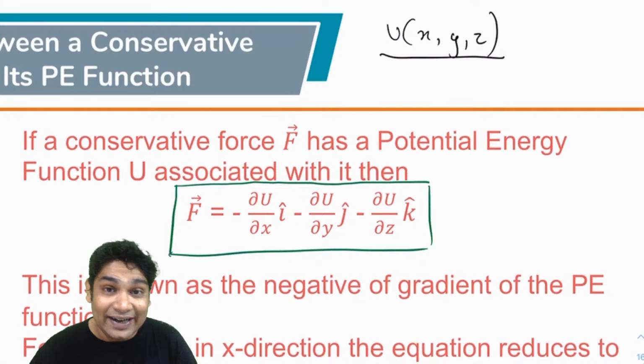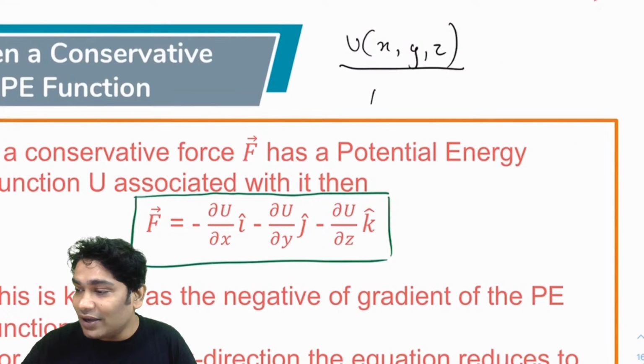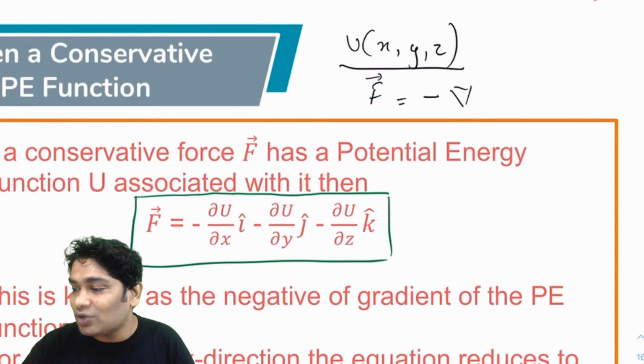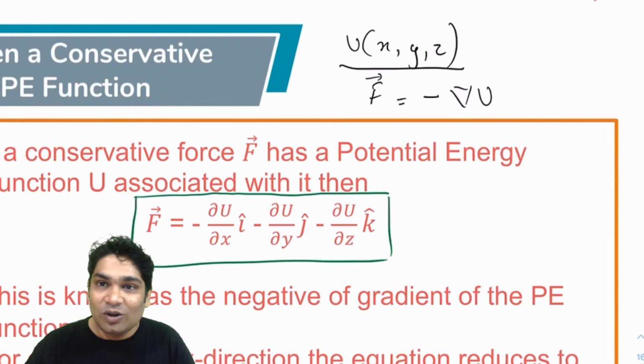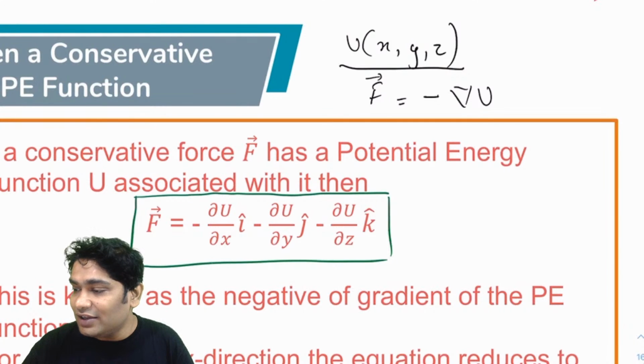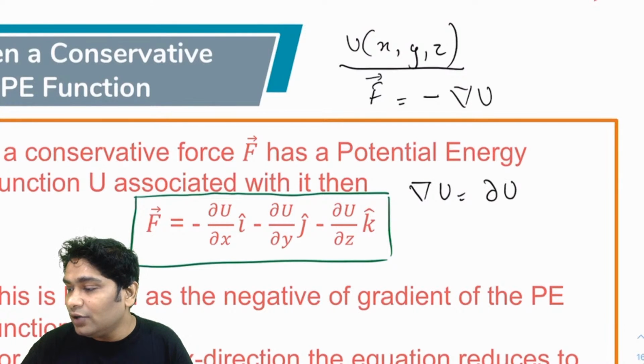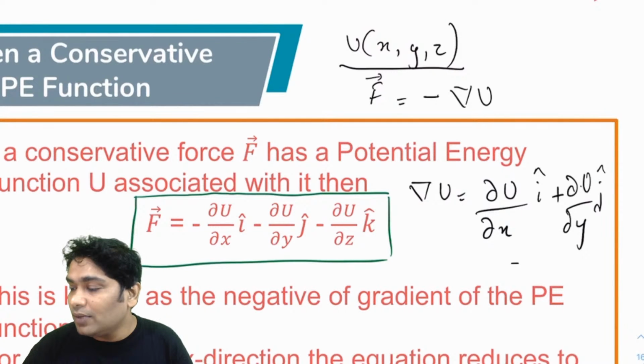Now this is called the gradient. All right. So F vector is minus times this, this is the sign we use. This sign is used for the inverse delta. Delta U is del U over del X I cap plus del U over del Y J cap plus del U over del Z K cap.